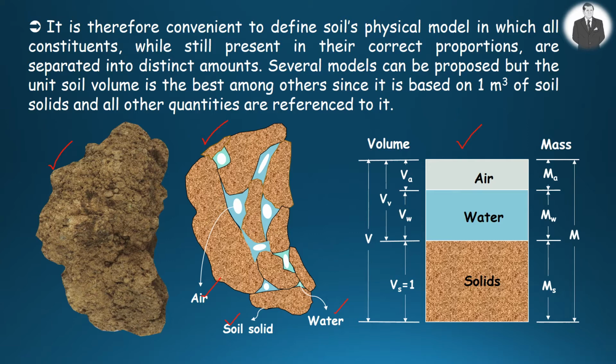Several models can be adopted, but the unit soil volume is the best among others because it is based on 1 cubic meter of soil solids and all other quantities are referred to it.